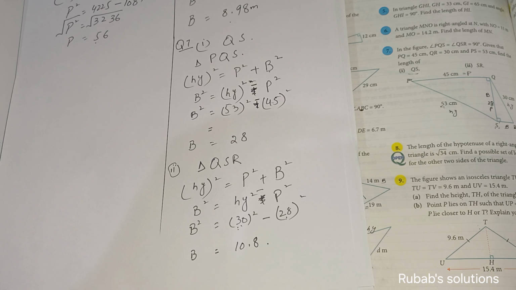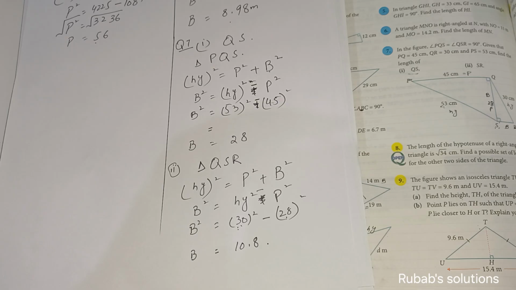Base square I have to find, so base square will be equal to hypotenuse square minus perpendicular square. So hypotenuse is given, that is 30. This is 30 square, and minus the perpendicular we just found, that is 28 square. Now please do not do that 30 minus 28 is 2 and 2 square is 4.